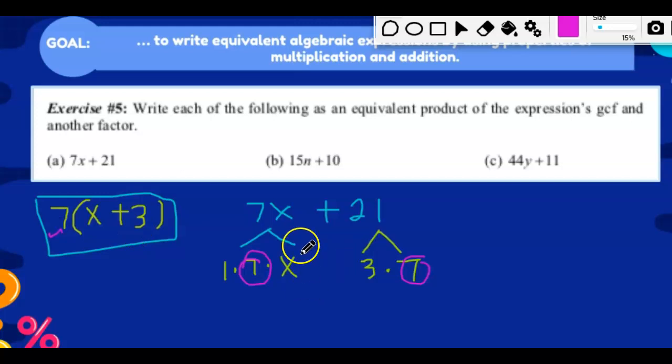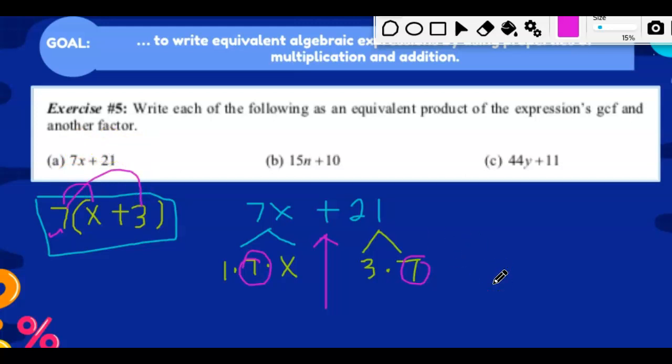What remains inside is 1 times x, which is x. And then the plus sign, we put it here. And then the 3, that's the remaining factor, because we know that 7 times 3 is 21. The remaining factor we take out is 3. So that's why we got 7 parentheses x plus 3. And if you want to go back and check, 7 times x is 7x, and then 7 times 3 is 21.